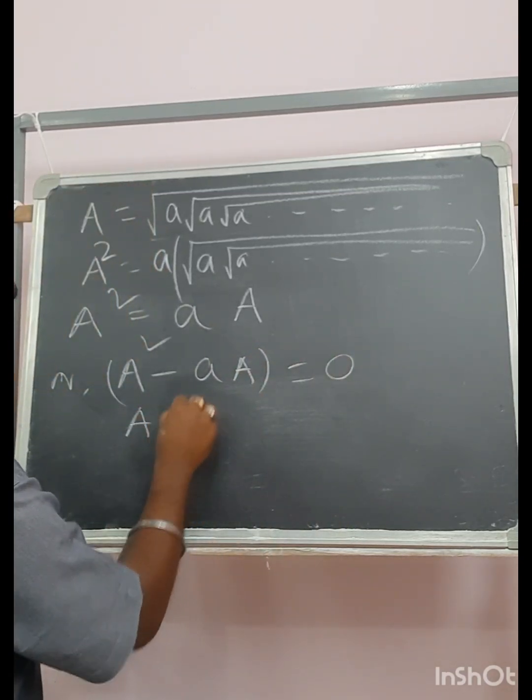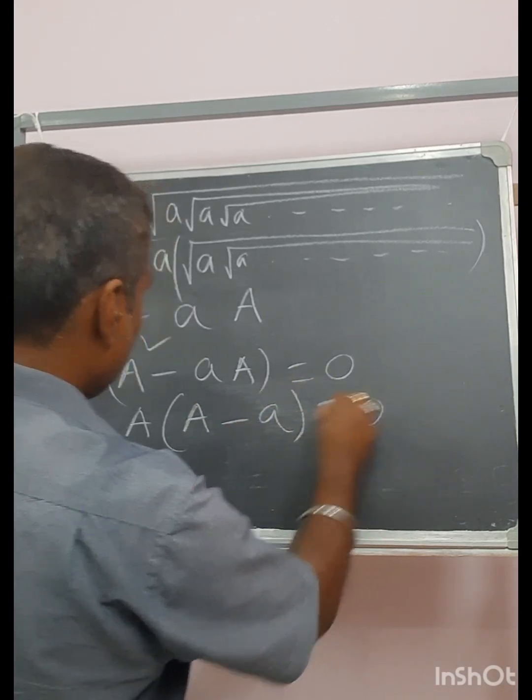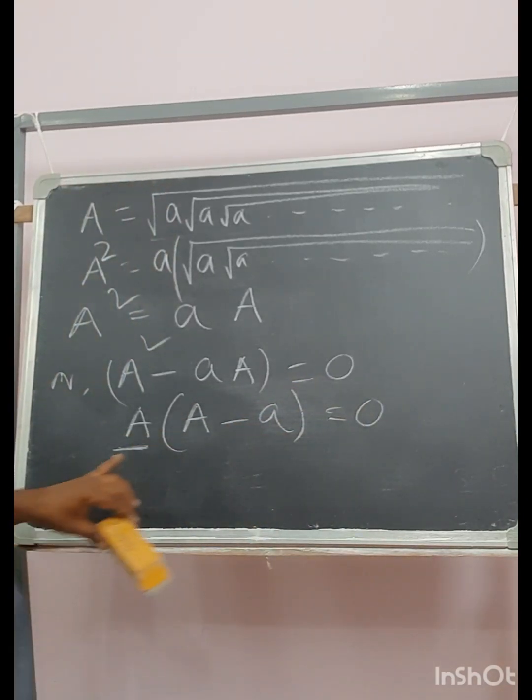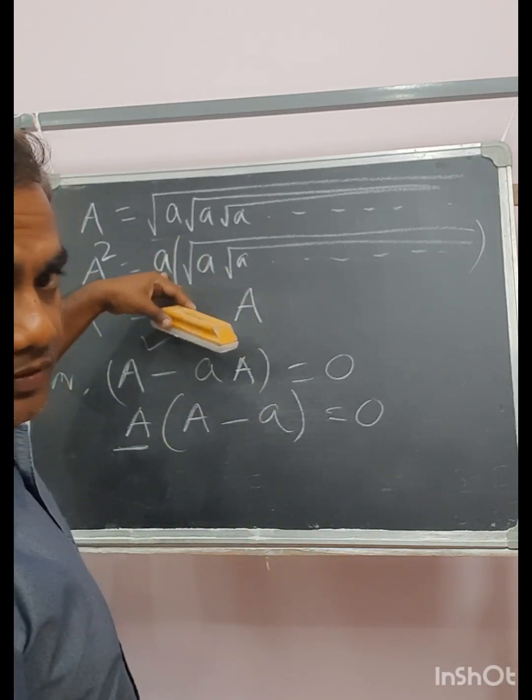Now if I take A common, it gives A times (A minus a) is equal to 0.